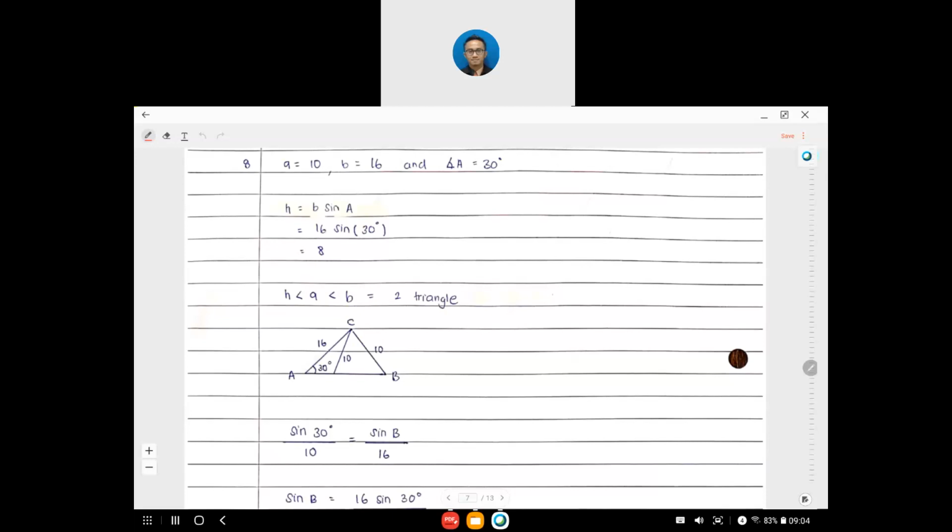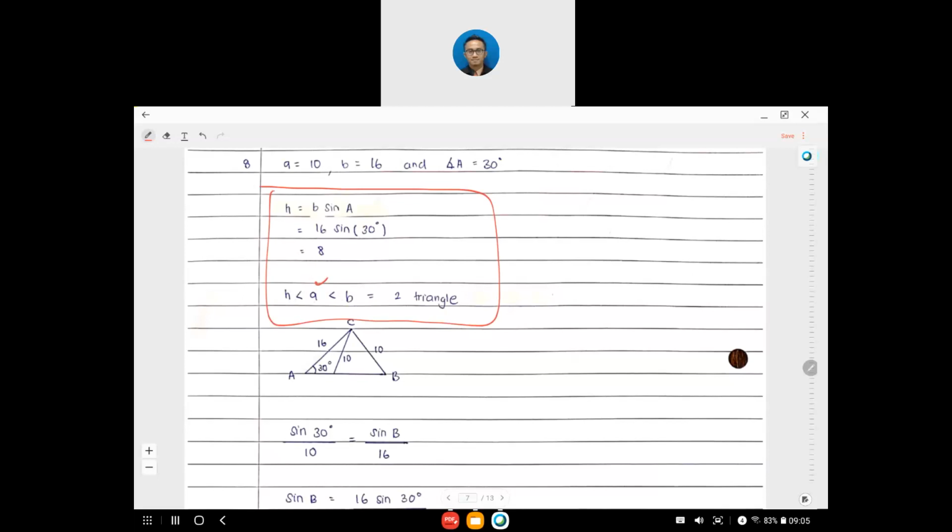Okay, so you need to find first, how many triangle do you have? Okay, so your friend using this formula. Boleh juga ni. Because we know that when A greater than H less than B, so you must have two triangle.